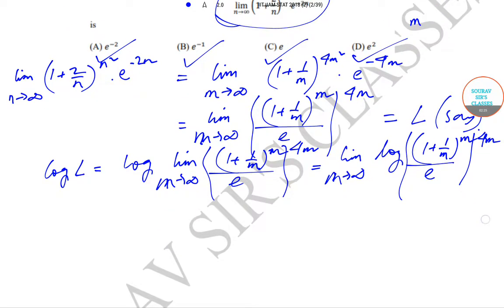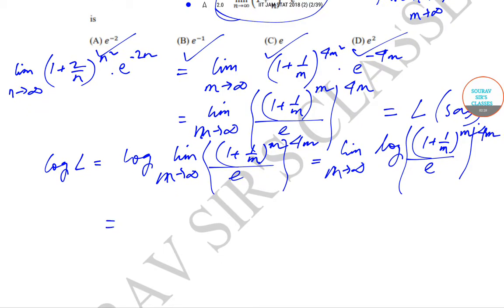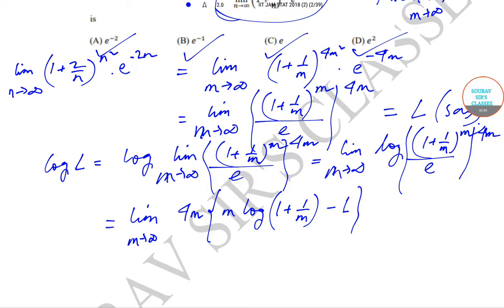If we break it down, the 4m comes outside, and the log becomes m log(1 + 1/m) minus log e, which is equal to 1. So this is the structure that we are getting.